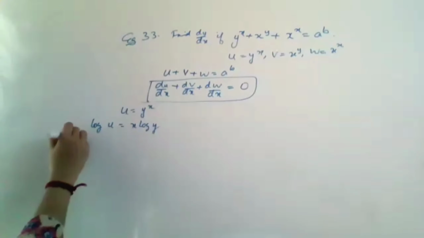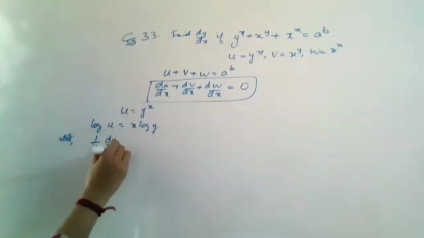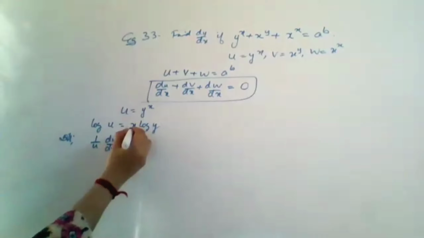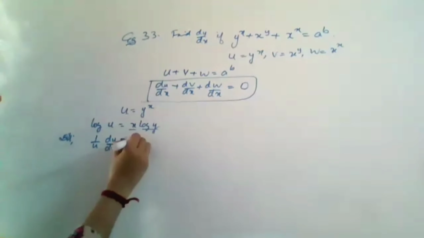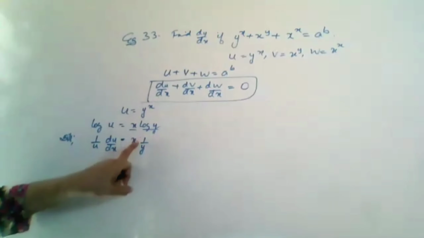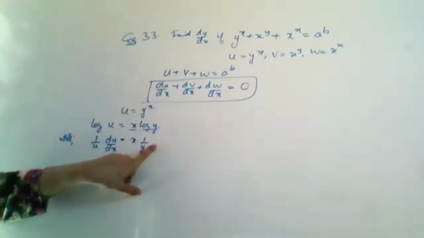Now differentiate both sides with respect to x, you will get 1 by u into du by dx, because instead of y you have u here. Okay, equal to, again this is one term, this is another term. UV method you have to use. So first function into derivative of second. Now when you are writing second, it is containing y. Wherever you have y, you have to take the derivative of y also.